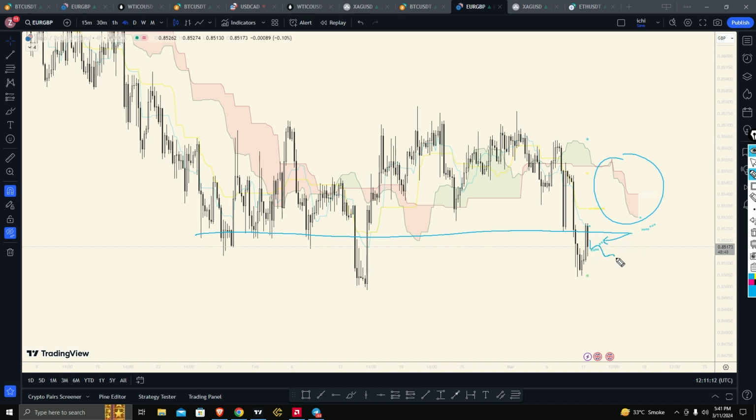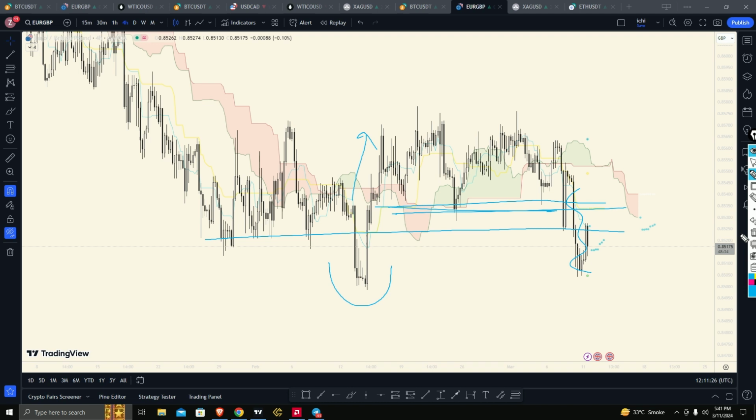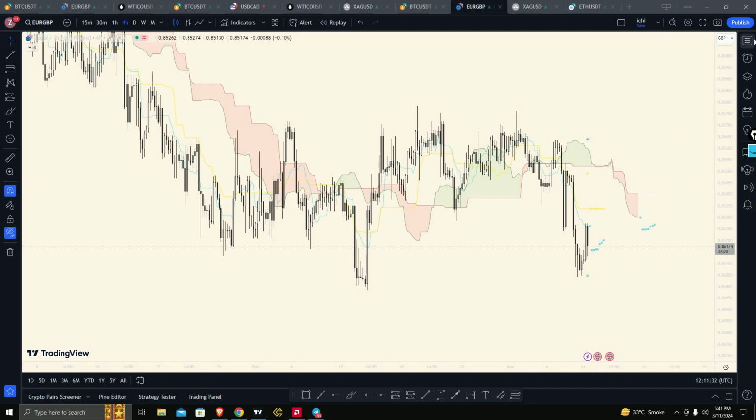If we get a rejection there, high probability that the market goes for the low. Because up until the point before this breakdown, this was a deviation, and the market was supposed to go high. This was supposed to be acting as a range low. That was broken last week. So again, bearish, turning to be bearish. So be careful. So that's Ichimoku.